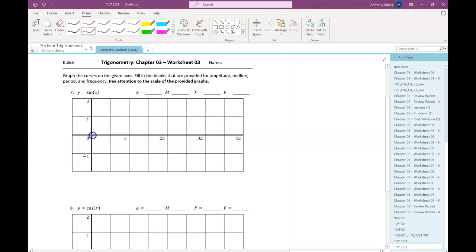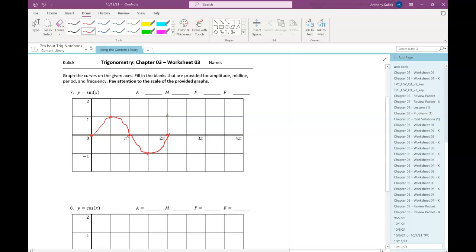These I have memorized, but they were on that list that I just showed you a moment ago, so I'm just going to say them aloud. Pi over 2 and 1, pi 0, 3 pi over 2 negative 1, 2 pi 0. So that much we have, right?